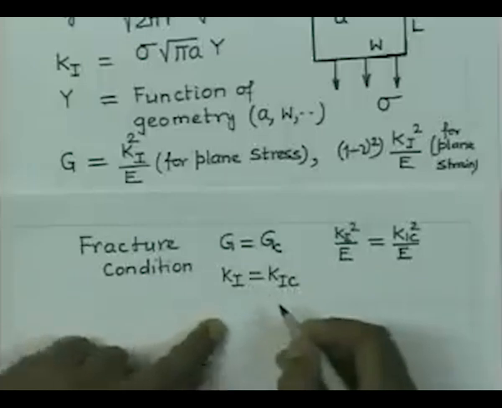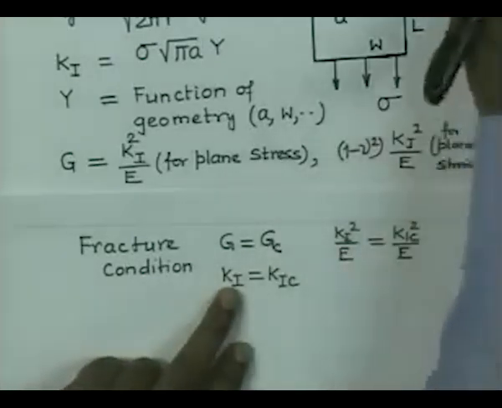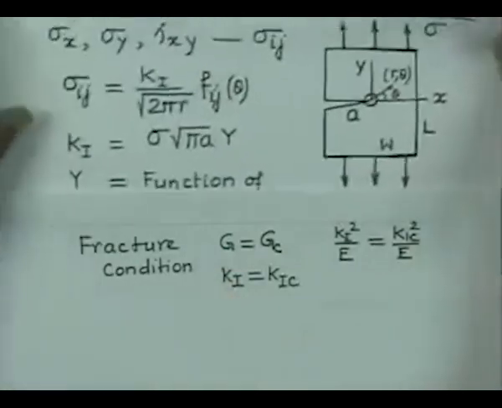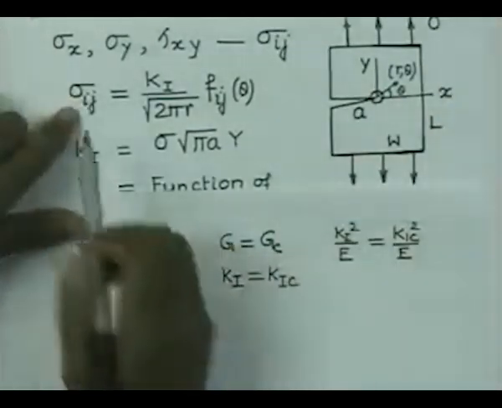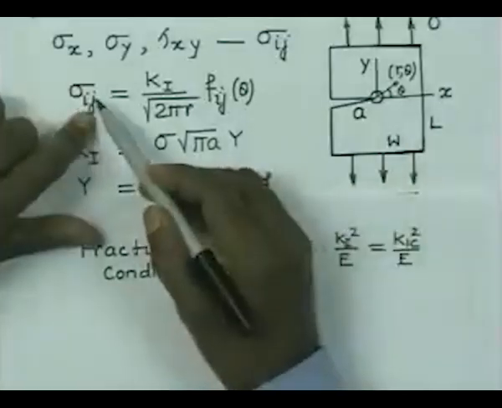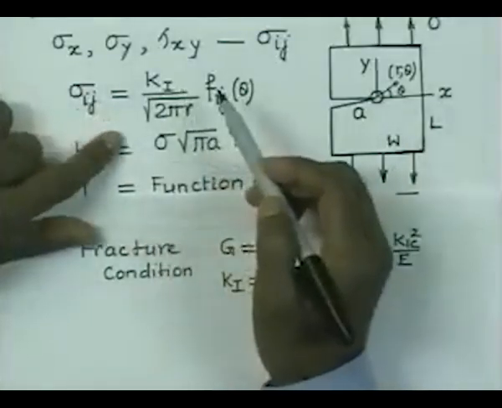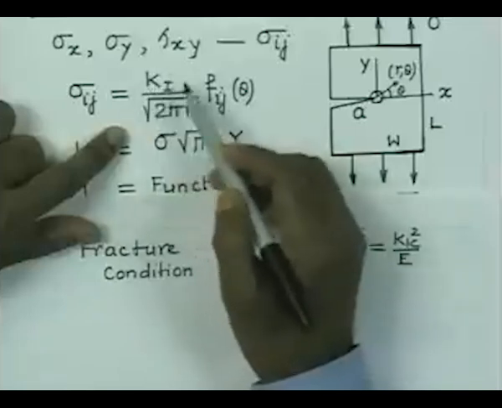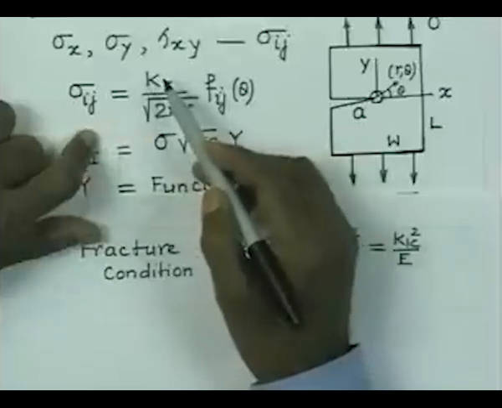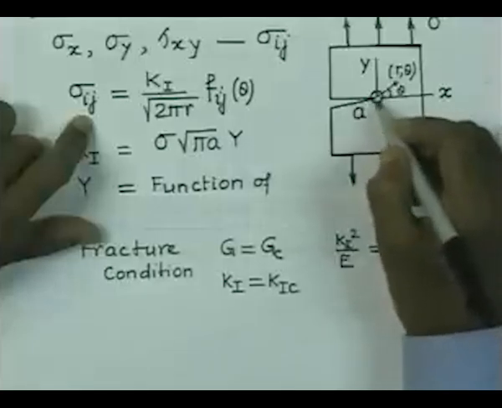So, this parameter also indicates that at the point of onset of fracture the stress field around the crack tip has a critical distribution. Since Ki is equal to KIC at the onset of fracture, the fracture is associated with a critical stress strain field around the crack tip.